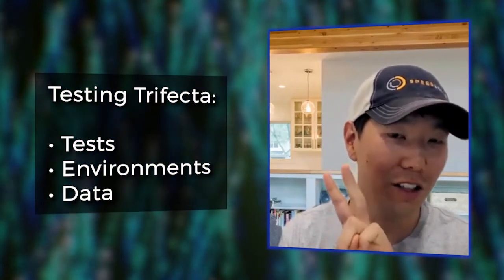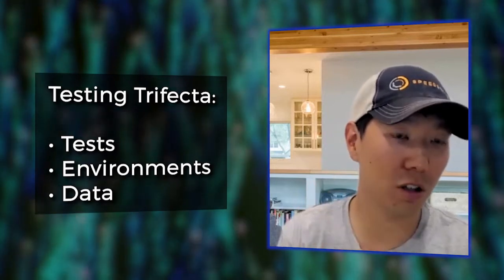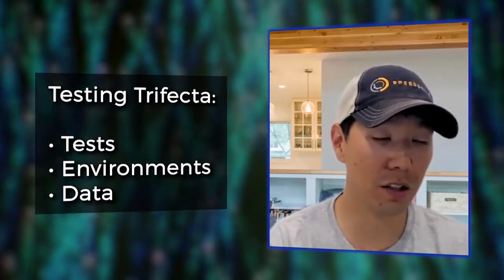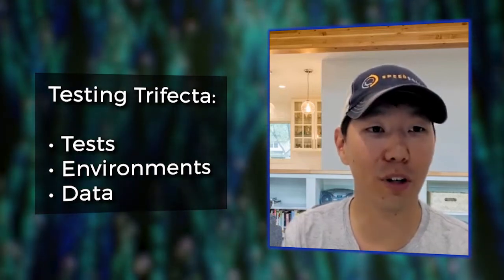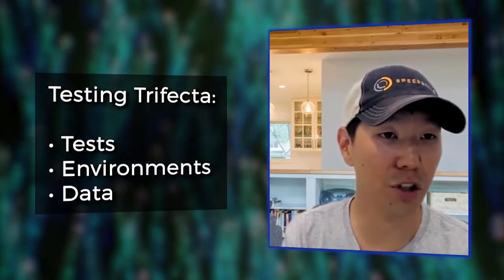And then once you get the environment problems figured out, the third problem you run into is the proper test data. I call that the testing trifecta. You need the tests, you need the environments, you need the data in order to repeatably and reliably run any sort of quality automation. So we're handling all three of those problems just by leveraging the traffic.